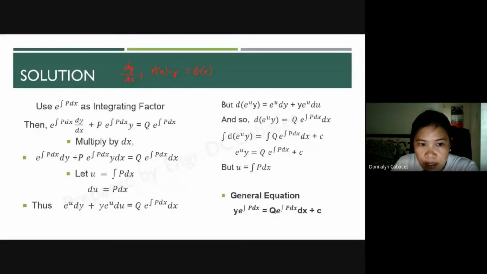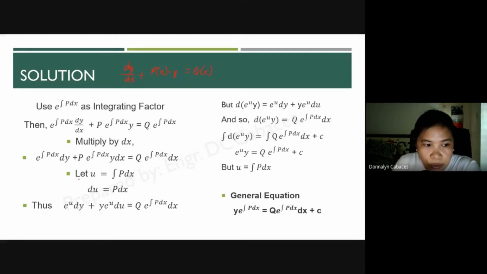So this times dx, the dx is distributed, so the left side will have a dx, and then also the right side with dx. Then we introduce a new variable u. Let u equal the integral of p dx. If u is the integral of p dx, then du is p dx.